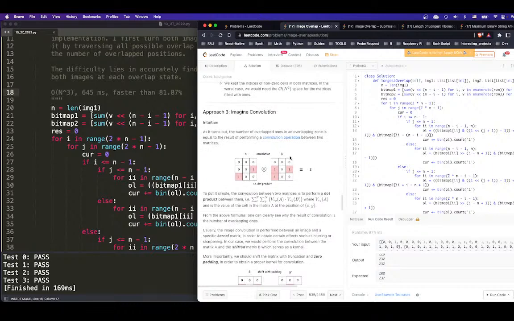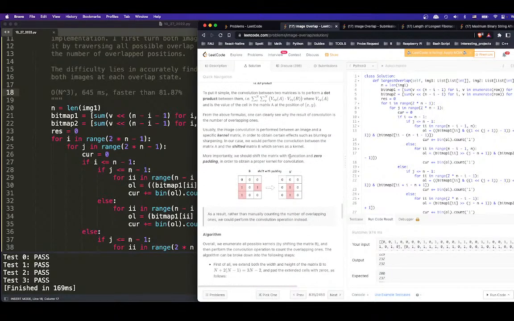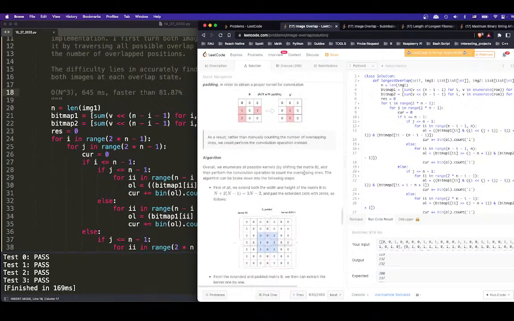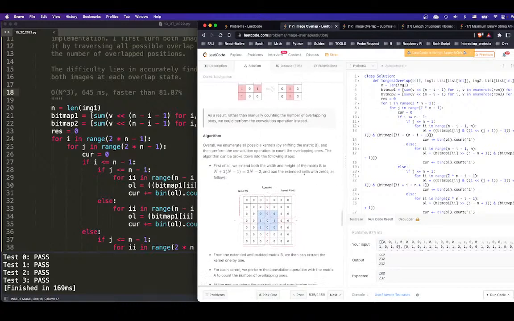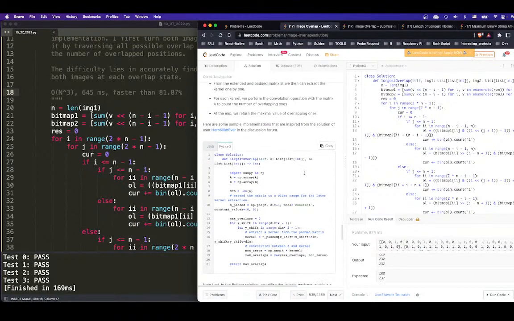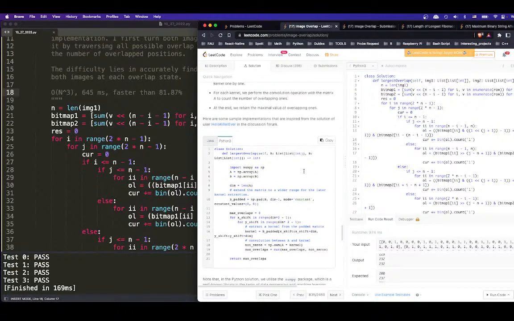Oh, the convolution operation. Kernel, yes. And NumPy. This is convolution.